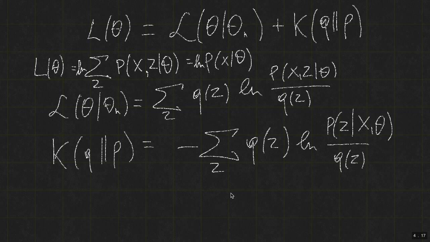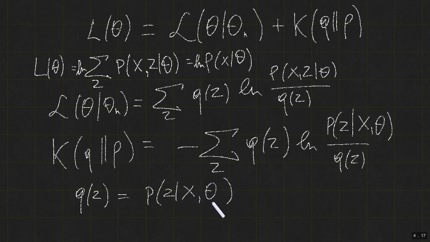So if we define Q as the posterior, then the key process, what is happening is we need theta.